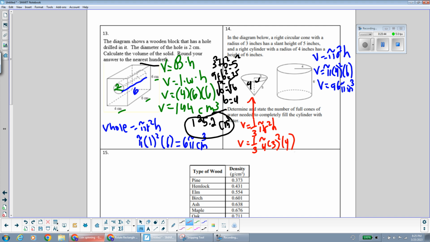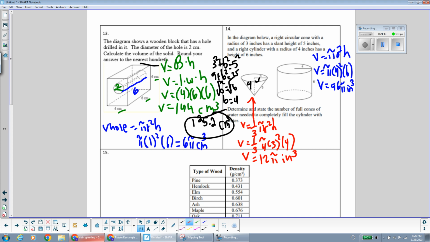So let me put that into my calculator. 1/3, 3 squared. Oops, I typed that in wrong. 1/3, 3. I can't seem to type this in right. 1/3, 3 squared times 4. Okay, so that is 12 pi cubic inches.